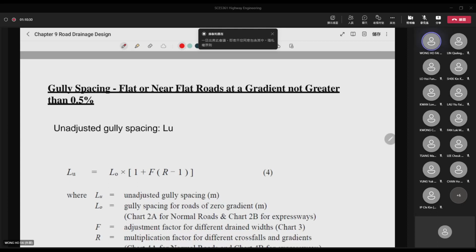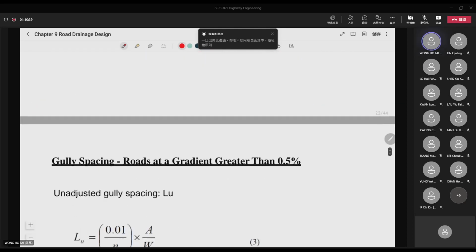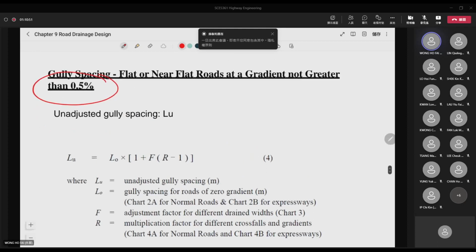Now this is for a gradient of 0.5% or less, okay? This one is for greater than 0.5%, okay? So for the steep road, we have one equation for the gully spacing. And for the flat road, we have another equation for the gully spacing, okay?